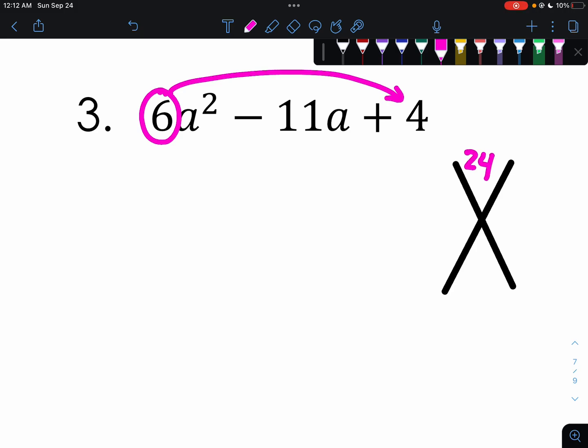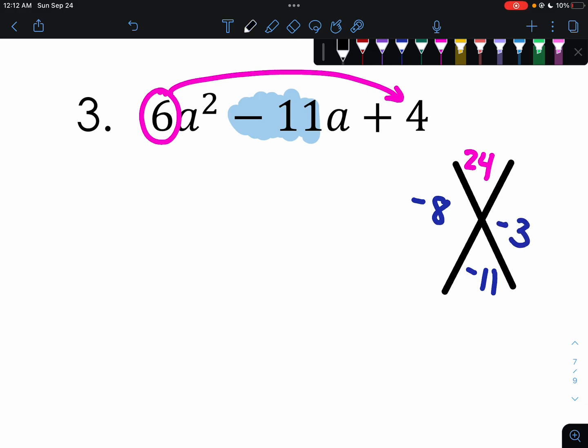Then we take this middle number and we write it on the bottom. So we have to think to ourselves, what can we multiply to get 24? Add to get -8. Multiply to get 24. Add, oh, not -8, -11, my bad. So that would be -8 and -3.